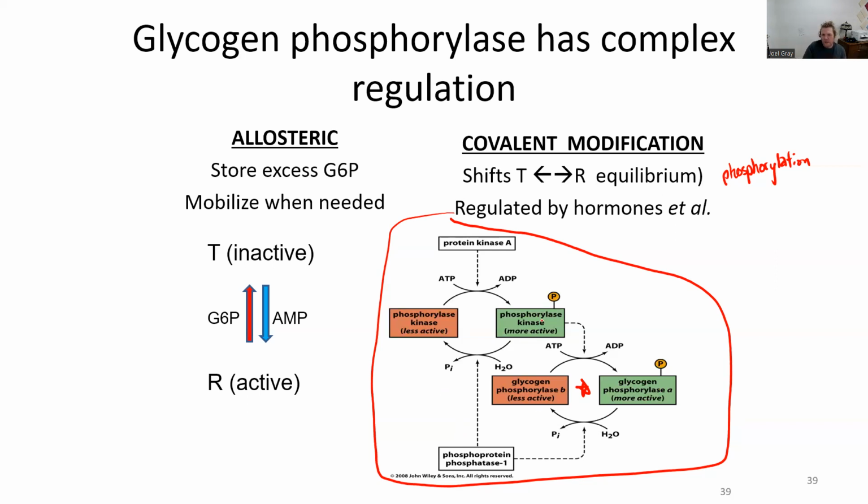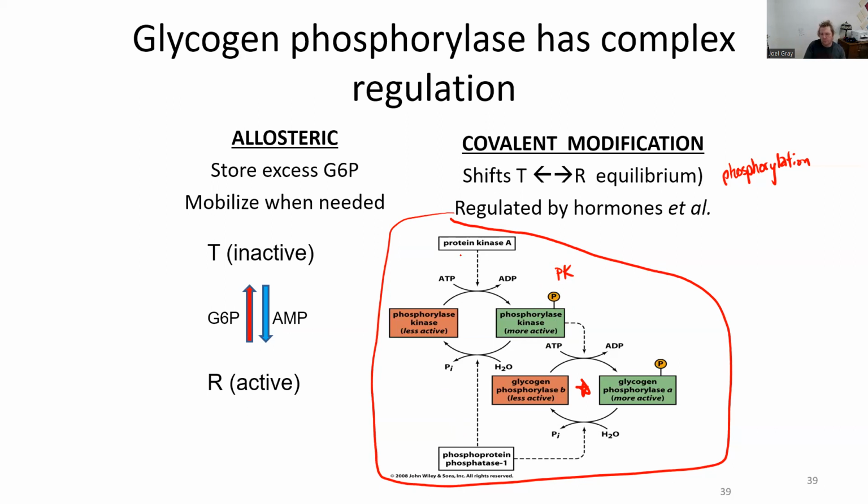The enzyme that does that is known as phosphorylase kinase, sometimes referred to as PK. Phosphorylase kinase is a protein kinase because it phosphorylates glycogen phosphorylase. So phosphorylase kinase activates glycogen phosphorylase. The funny thing, and the complex thing about protein kinases, is that phosphorylase kinase itself, being a protein kinase, is also the target of another protein kinase.